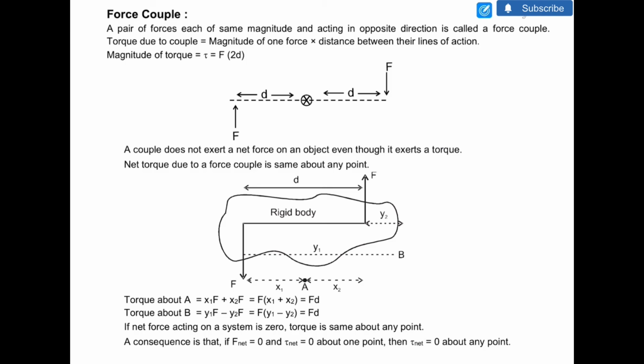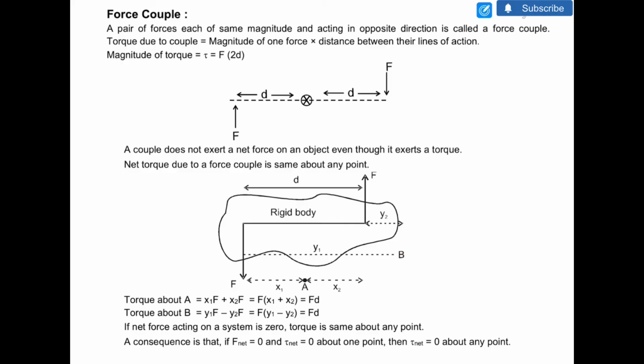You also have to keep in mind that the torque about A was added because the torque about A for this force was F into x1 in anticlockwise sense, and for the other force it was F into x2 in anticlockwise sense. The torques of both these forces were in anticlockwise sense. That is why we added the two torques.